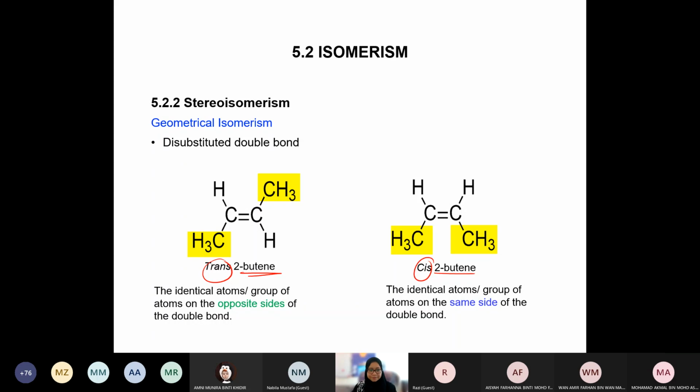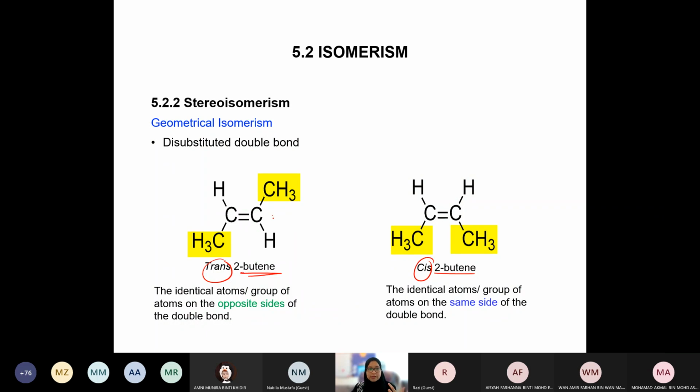Okay, so the identical atom. For trans, in this case, for this molecule, the identical atom or group of atoms are on the opposite side of the double bond. As usual, before you can have cis and trans, you have to check the two rules just now. Number 1, it has a double bond.